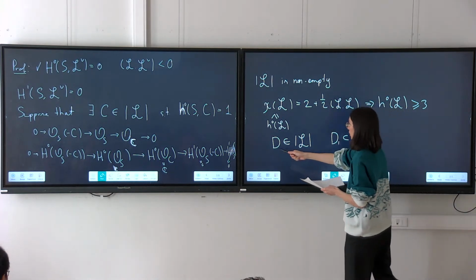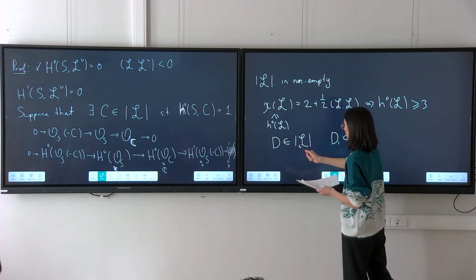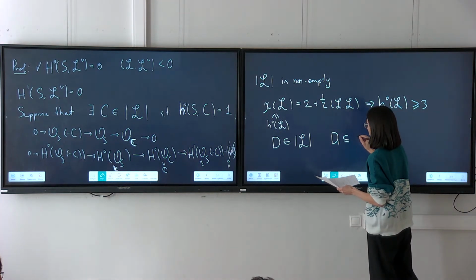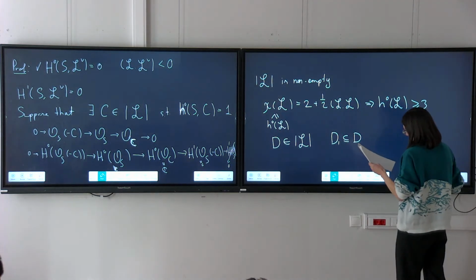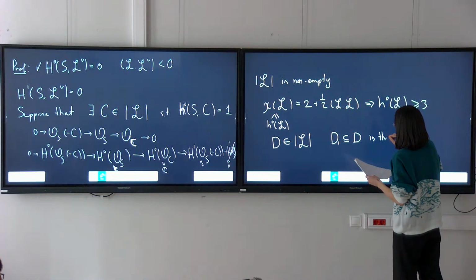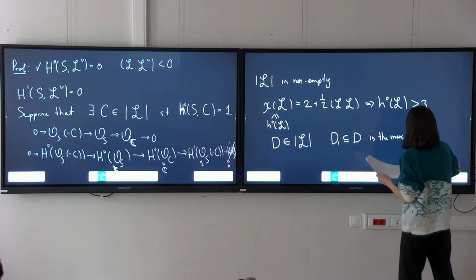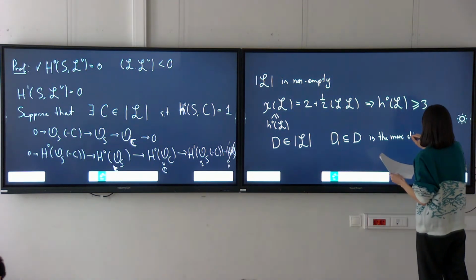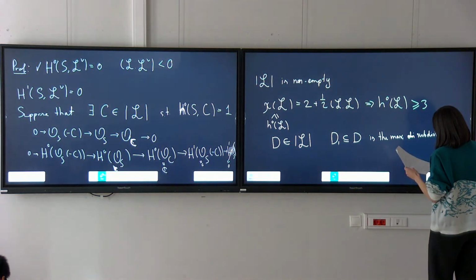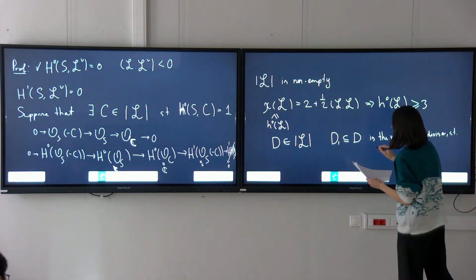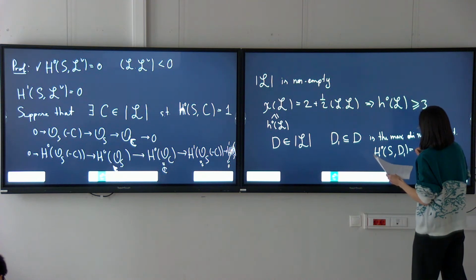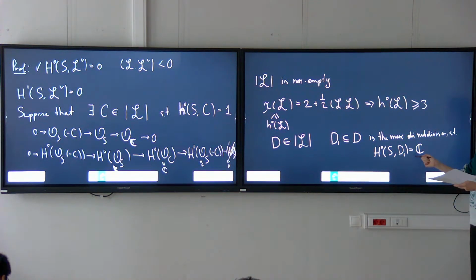Okay, so now let's take some divisor in this linear system, and let's take a subdivisor in D with the following property: it is the maximal subdivisor such that its global sections are C, so are one-dimensional.